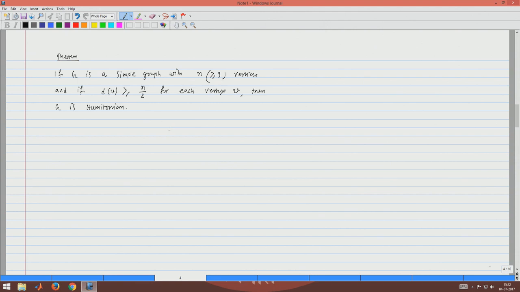Okay. So, in the case of Eulerian graphs, there are some conditions to characterize them, like a graph is Eulerian if and only if every vertex is of even degree, but there is no such condition in the case of Hamiltonian graphs.